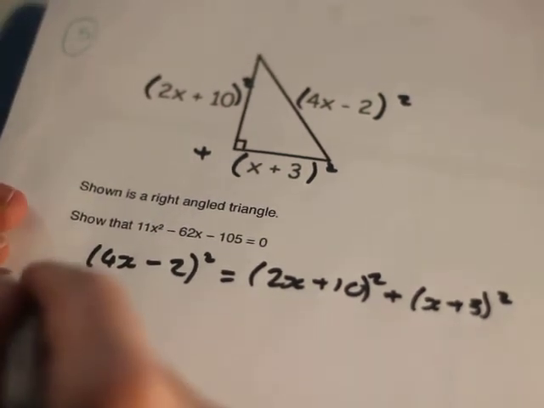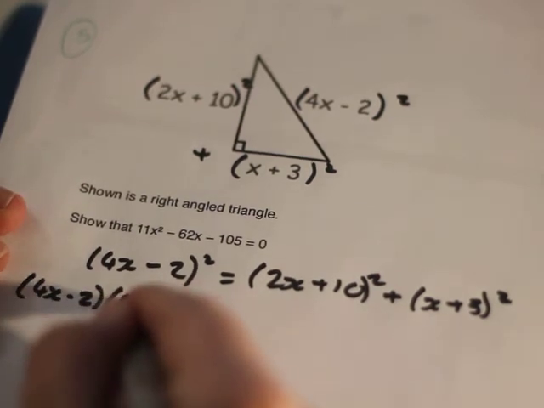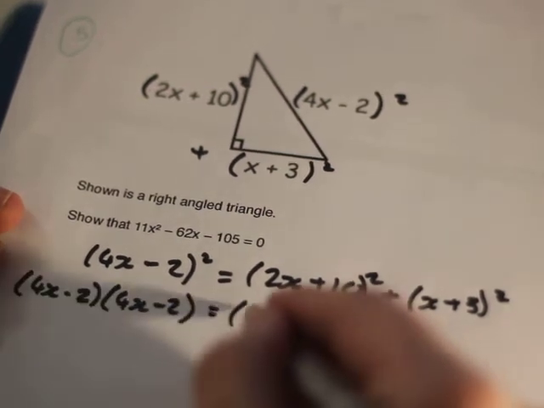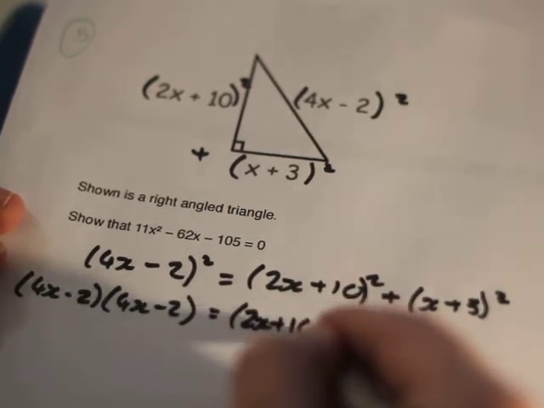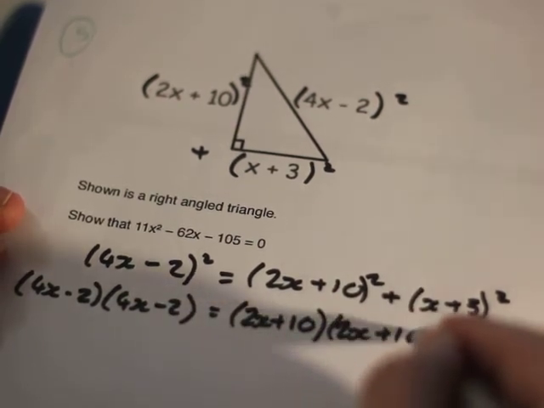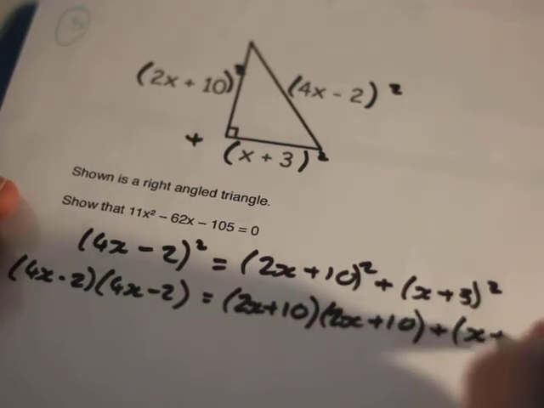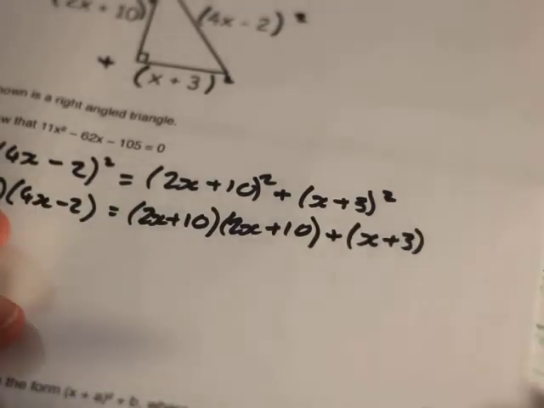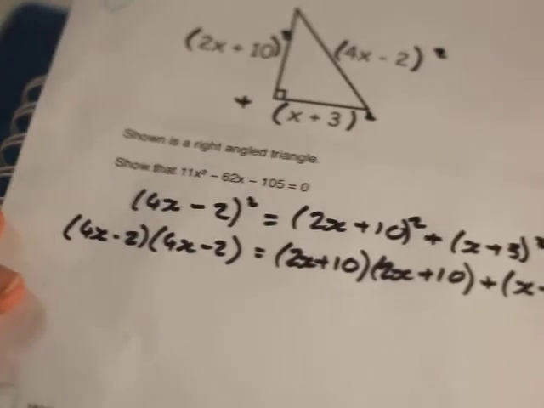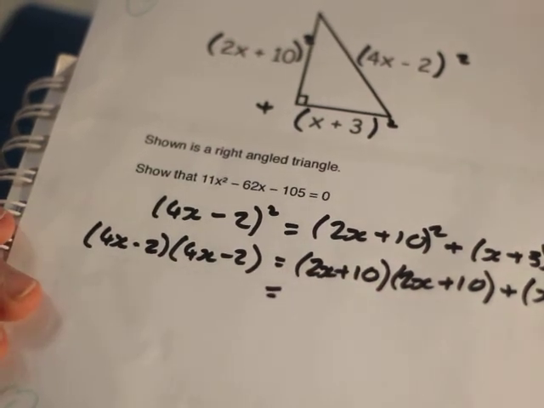So remember, these are double brackets. 4x take away 2 times 4x take away 2 equals, so I'm just writing them as two sets of brackets each one. Okay, now multiplying them out using like FOIL or whatever method you use.